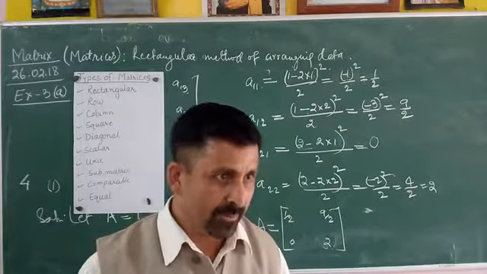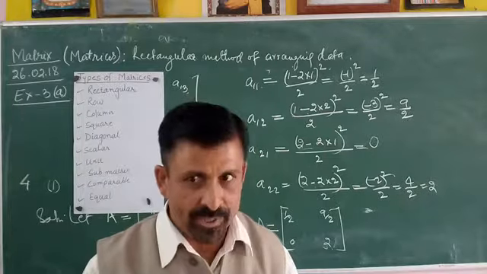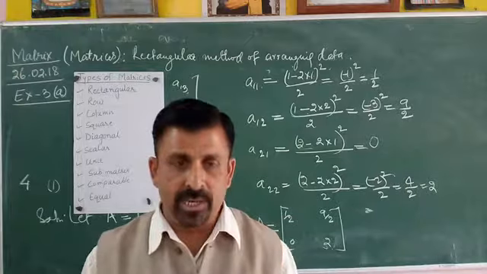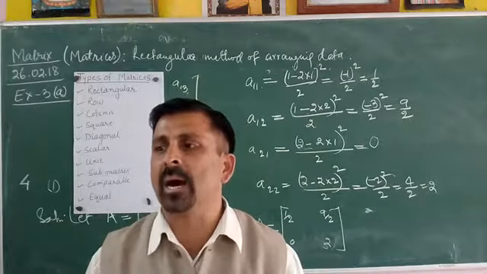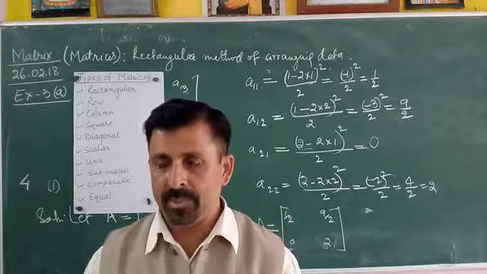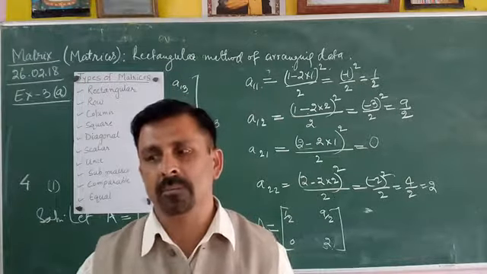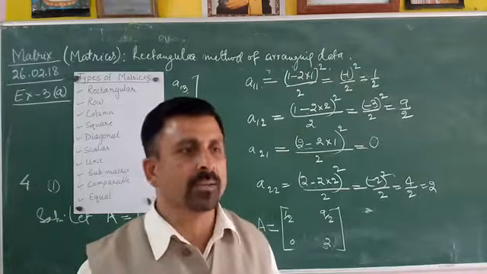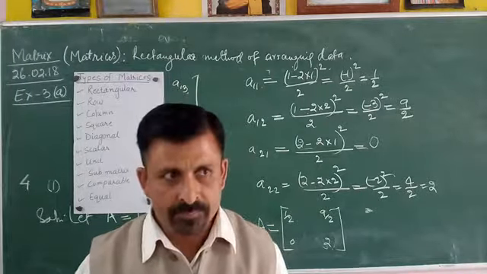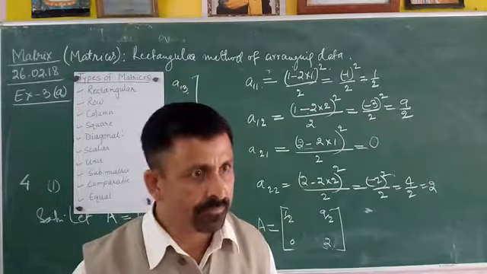Do I need to repeat? Fine. A square matrix in which the elements along the diagonal are all same or equal, and the remaining elements are 0, such a square matrix is called a scalar matrix. Is it clear now? Yes, sir.